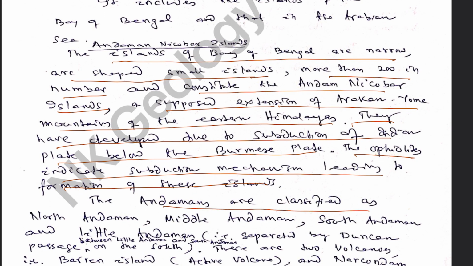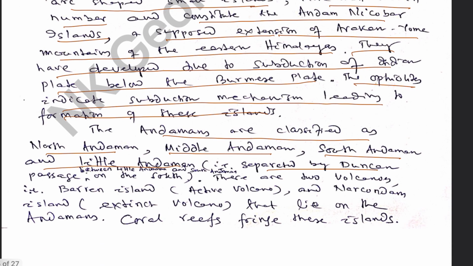The Andamans are classified as North Andaman, Middle Andaman, South Andaman and Little Andaman, which is separated by the Duncan Passage. So Duncan Passage separates the Little Andaman from South Andaman, and there are 2 volcanoes which are present in the Andamans.